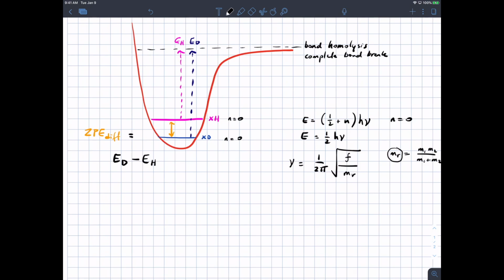And if the transition state really involved complete bond homolysis, what we would see is that the rate for the reaction with proton would be significantly faster than the rate for the reaction with deuterium.